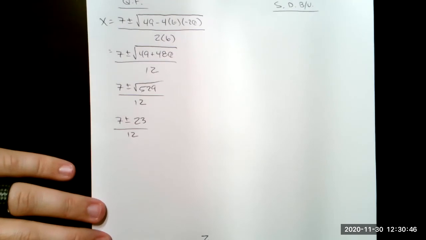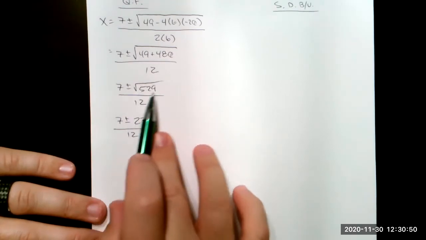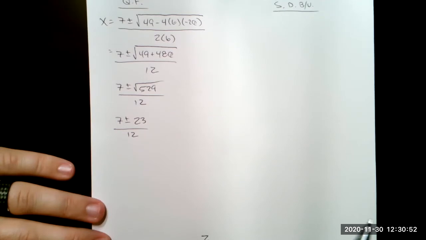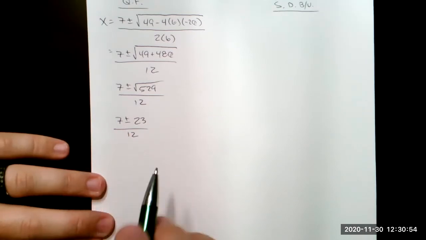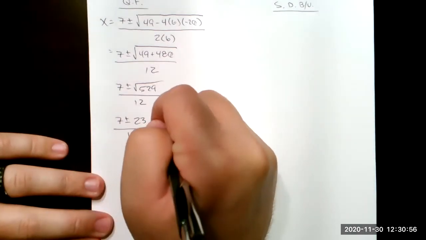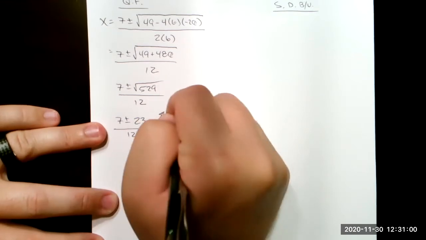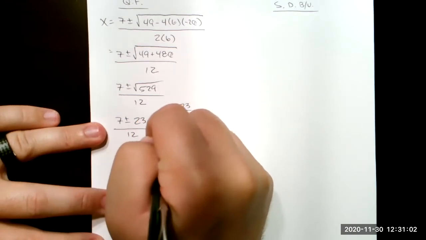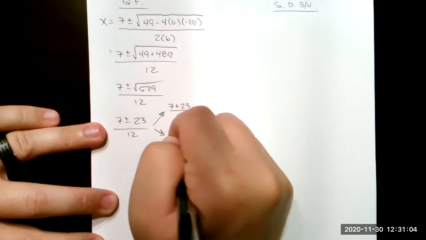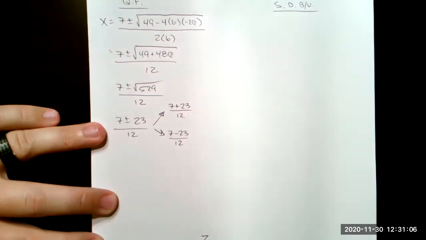And now these tend to go a lot smoother. People don't have to mess with simplifying that radicand or simplifying the perfect square out of there. It's a lot easier. So let me go ahead and show you. One of these x-intercepts is going to be 7 plus 23 over 12, and the other one is going to be 7 minus 23 over 12.